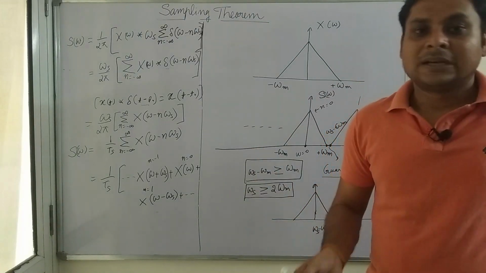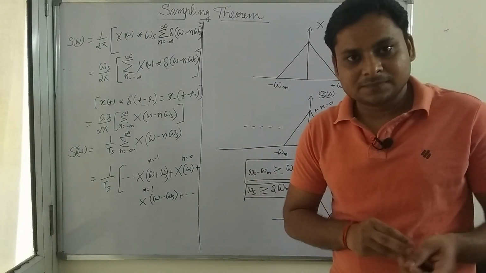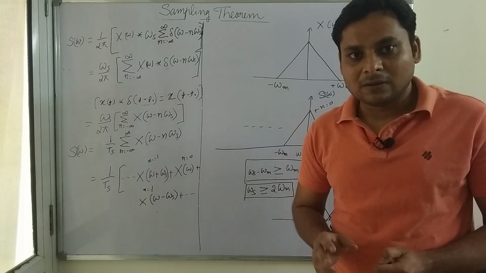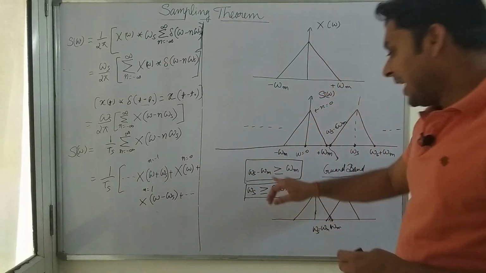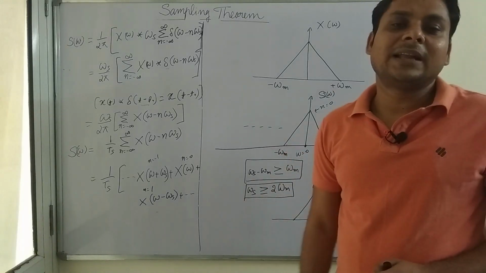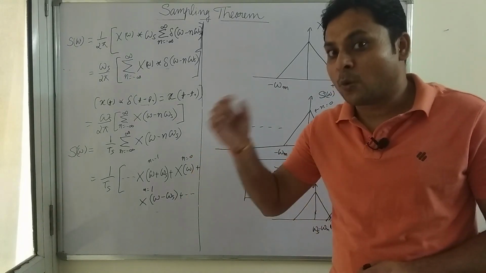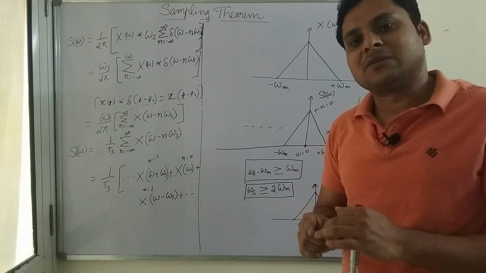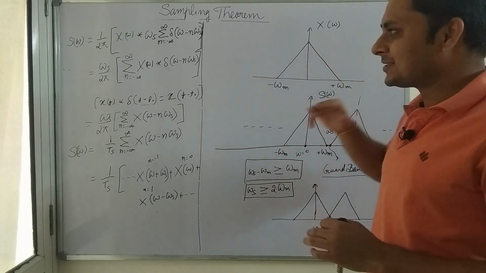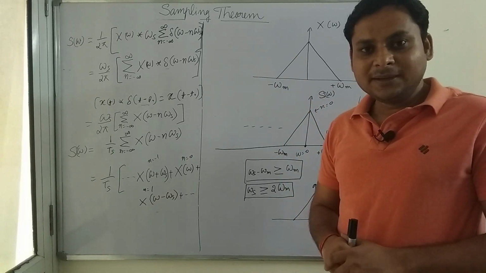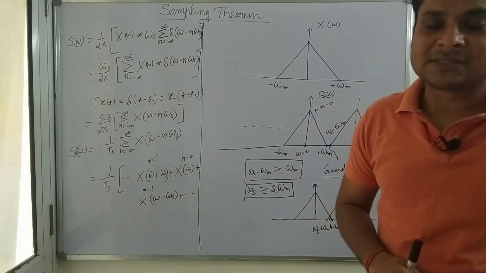It shows that to recover a signal, we need a sampling frequency such that omega s is always greater than or equal to 2 omega m, where omega m is the maximum frequency contained in the message signal, that is x(t). Okay, so we can write the sampling theorem's statement.